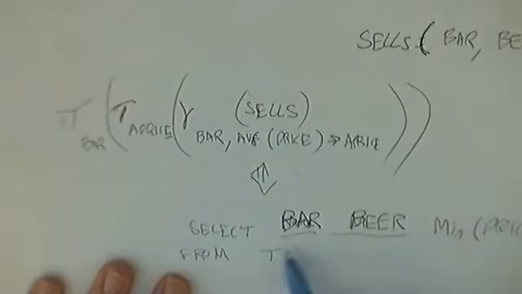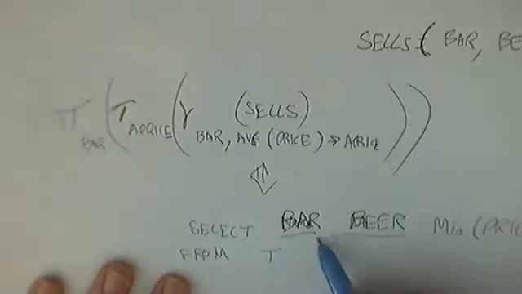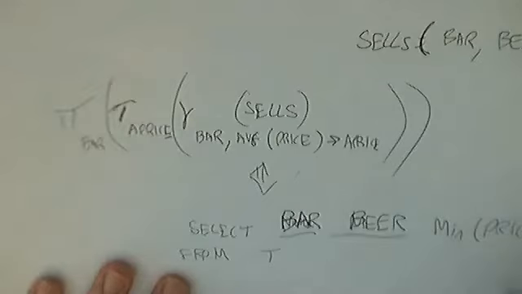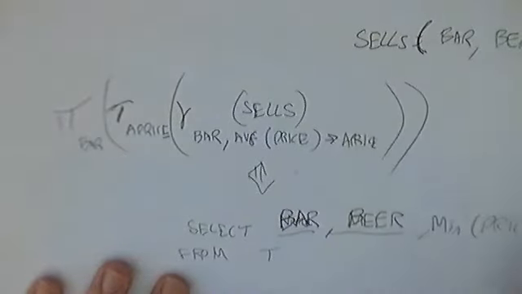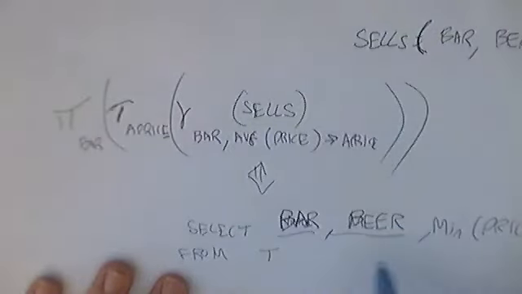So for every bar, I want the bars and the beers at those bars that are the minimum price. They'll say something like this, and SQL will complain here.